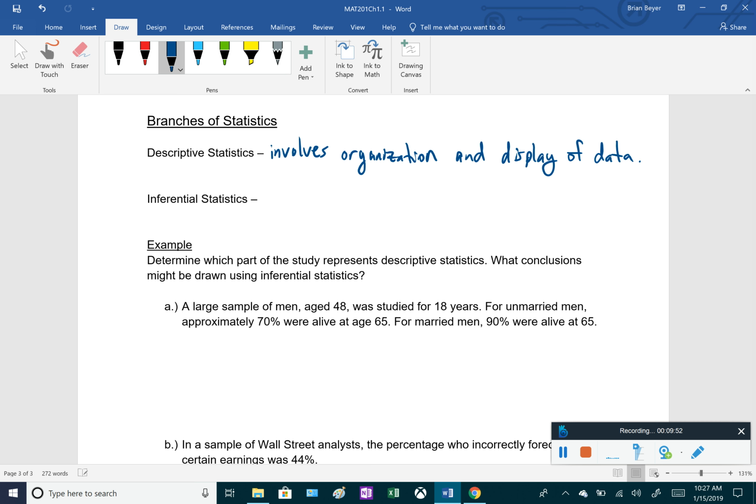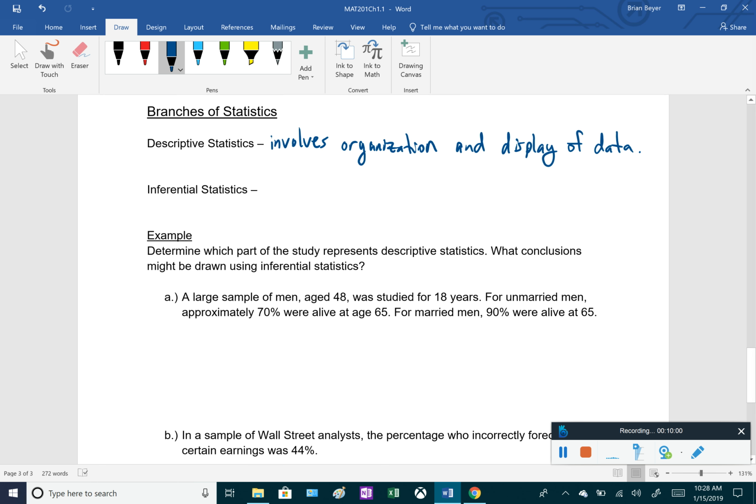So essentially descriptive statistics is the data itself. And for inferential statistics, this type of statistics is going to use a sample, so using a sample to draw conclusions about a population.